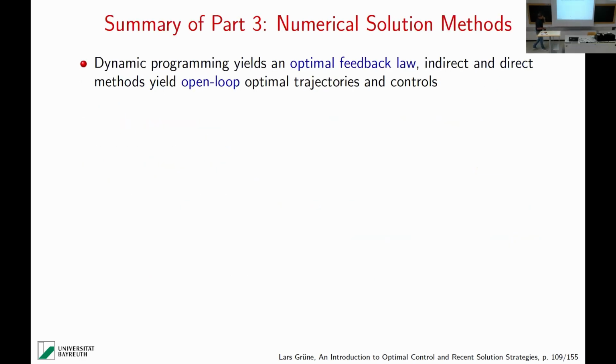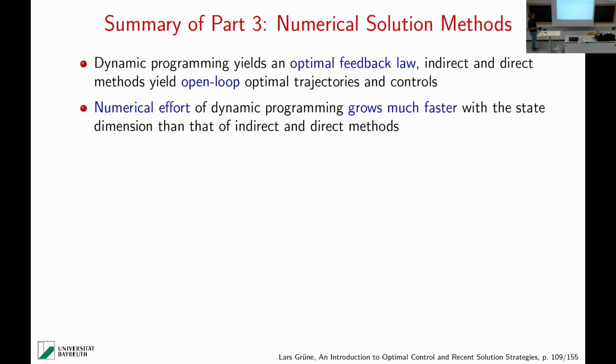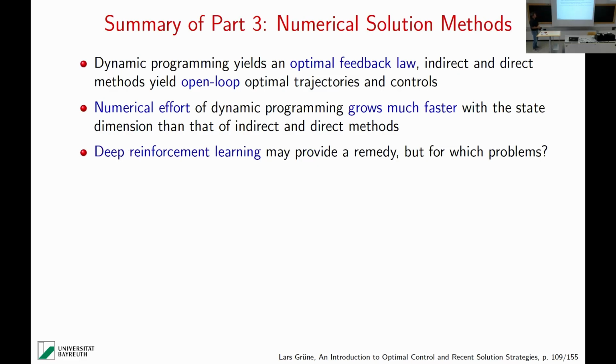Okay, let me summarize this part 3. I talked about numerical solution methods. We had dynamic programming on Wednesday and the open loop methods today. Dynamic programming gives us an optimal feedback law, while indirect and direct methods give us open loop optimal trajectories. The numerical effort of dynamic programming grows very fast with the state dimension, much faster than that of direct or indirect methods.